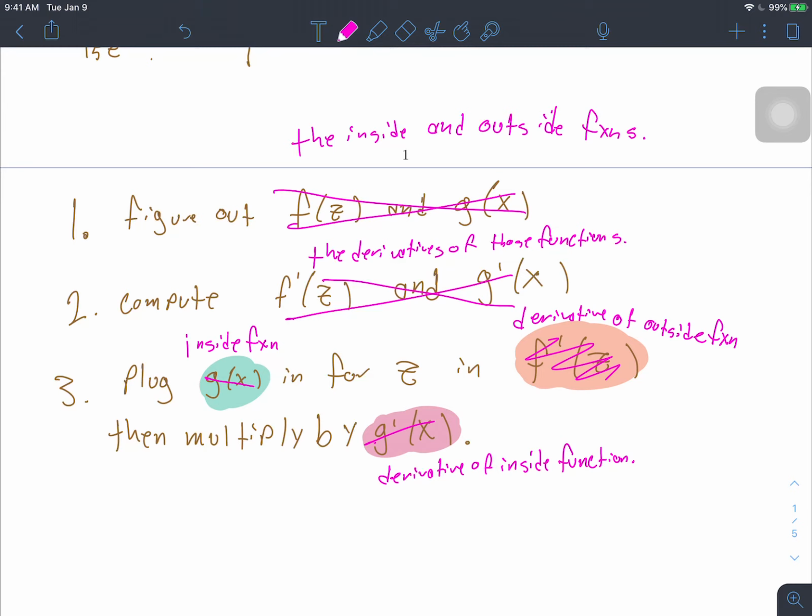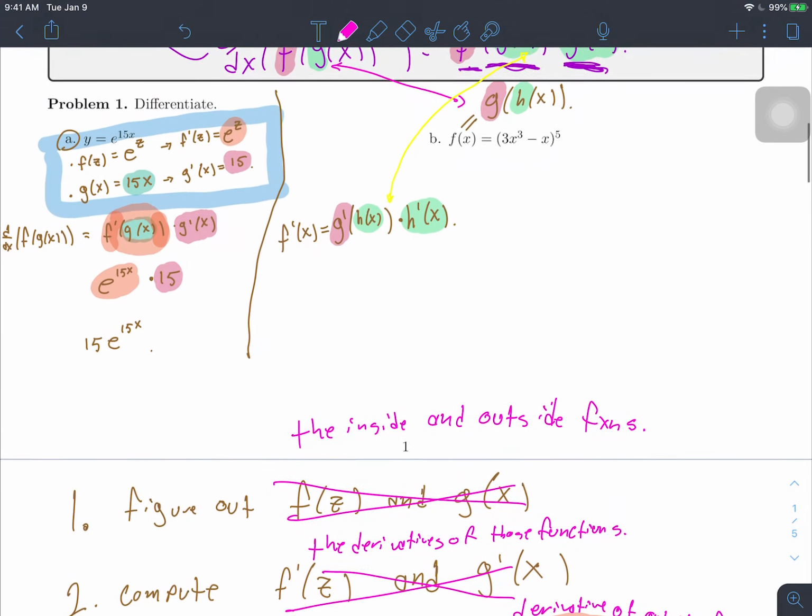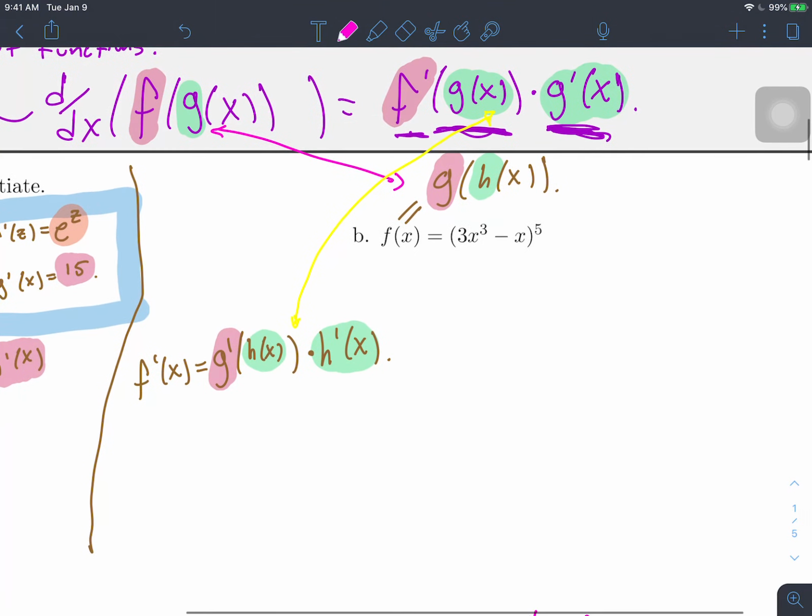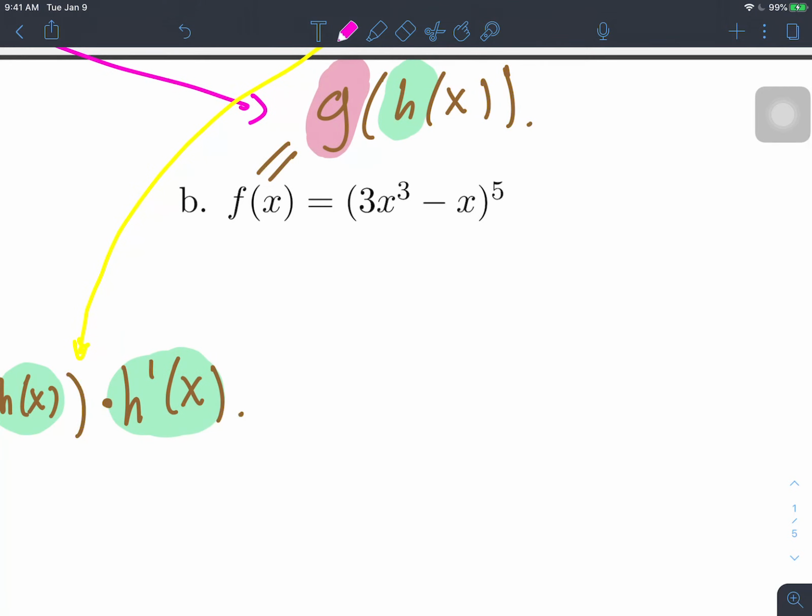Well, here's what I should say. If you really hate switching up these letters, here's what I recommend you to do. Just cross out this F and write some other letter like N. And then say, okay, N of X equals F of G of X. And then you define your F and G as normal, okay?